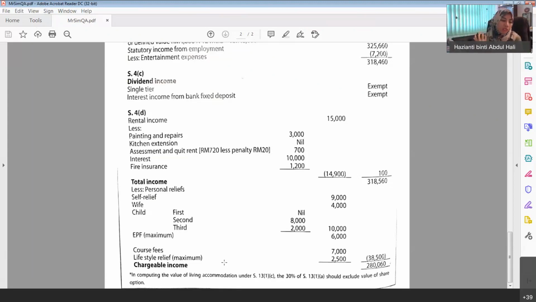Dia boleh call you je dan tanya, okay, kita tengah buat audit untuk year 2015 katakan. Pitam mana nak cari, sometimes the receipt tu dah kelabu-kelabu tak nampak kan. So what you have to do is to maybe photocopy, simpan dalam file cantik-cantik lah. All the bukti-bukti tu.